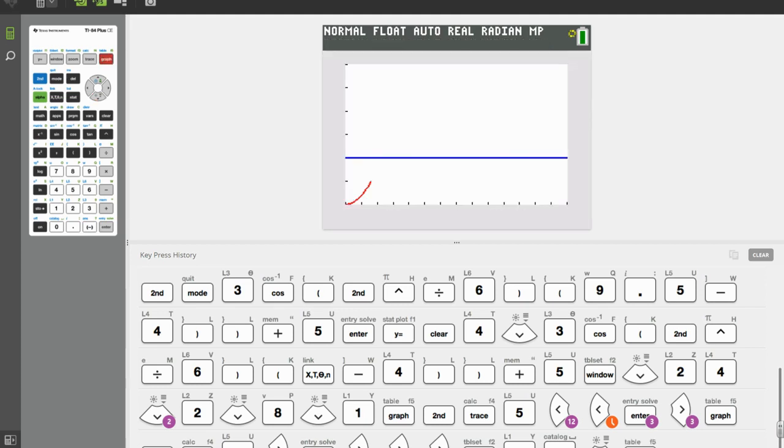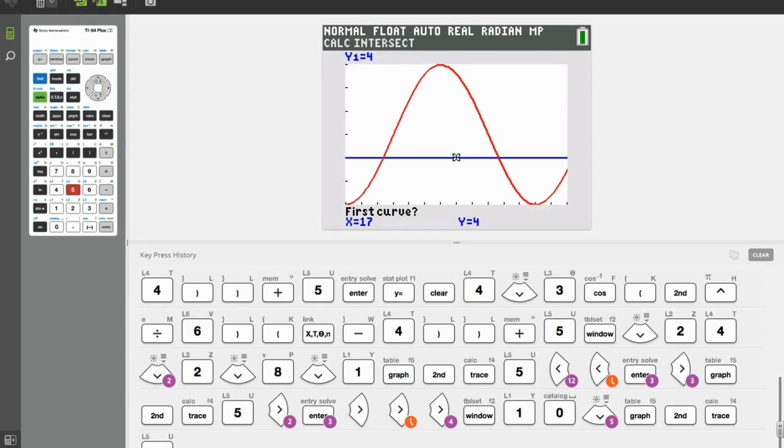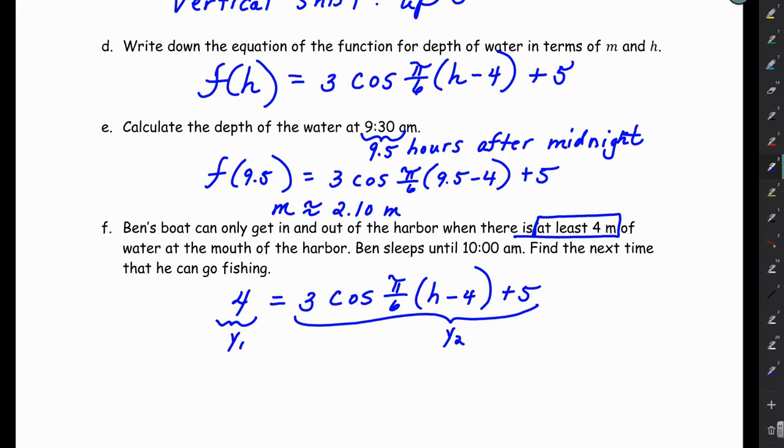And now we just want to find the first intersection point that occurs in that window, and we see it happening right here. So we're going to go to second trace, number 5, and we're just going to move closest to that intersection. Once we're close, first curve, enter, second curve, enter, guess, enter. And we get a value of 12.35, 4.